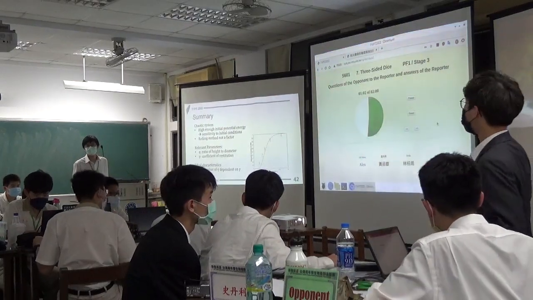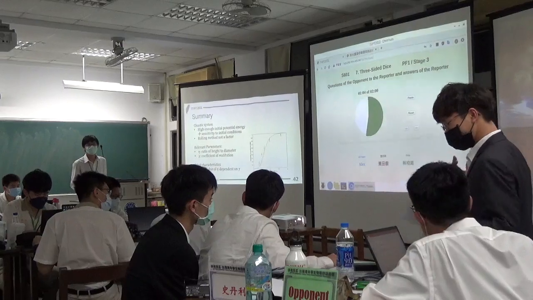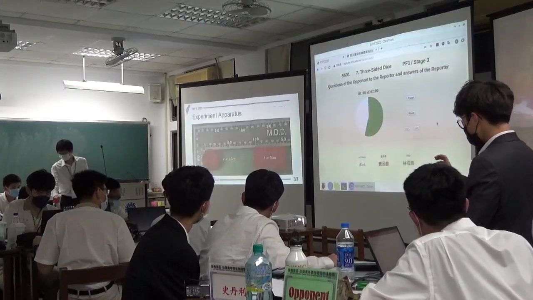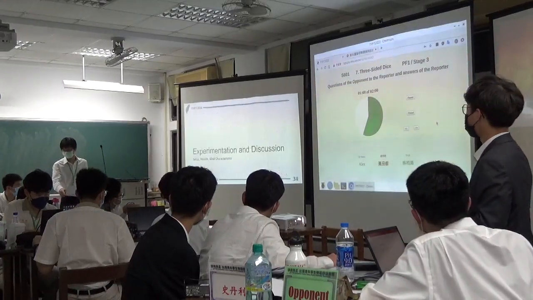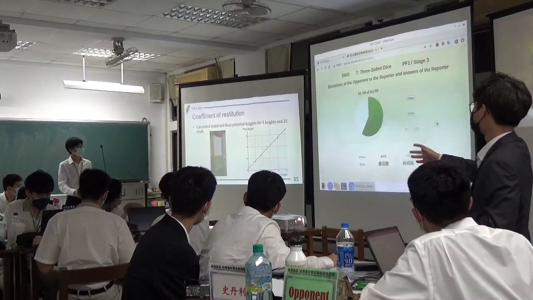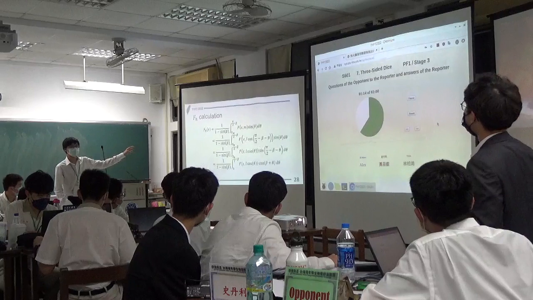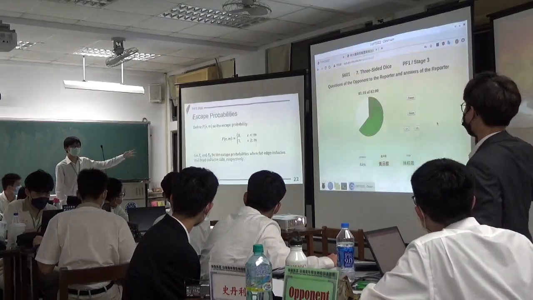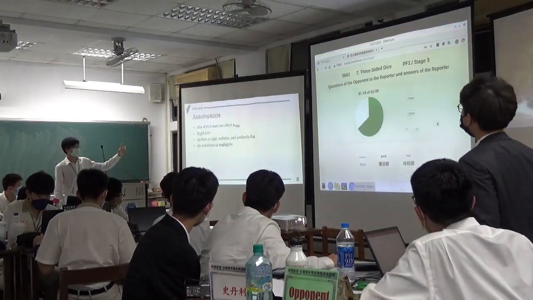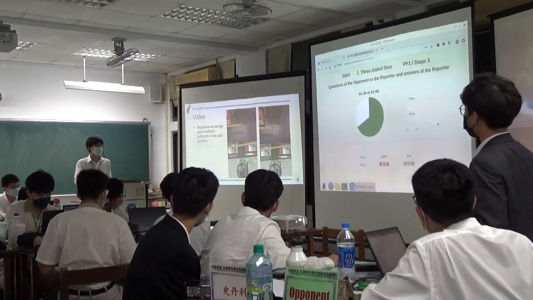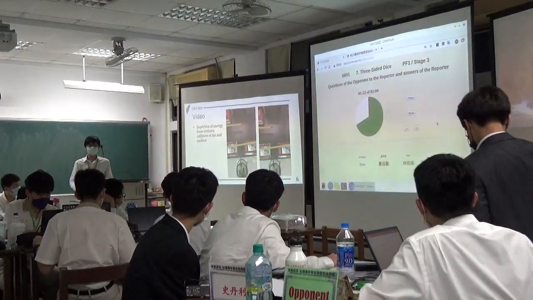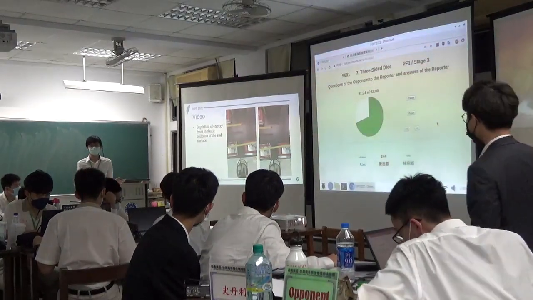Oh, so you use a ruler to make sure the state of the dice, to make sure it doesn't spin or have any angles, right? Yes, we used the ruler and we dropped it down so that it would not exert any force on the coin.